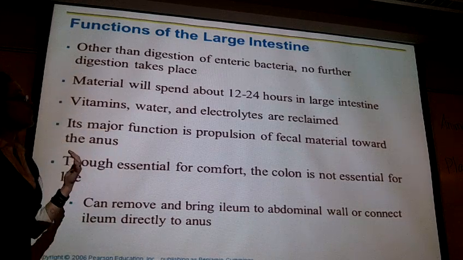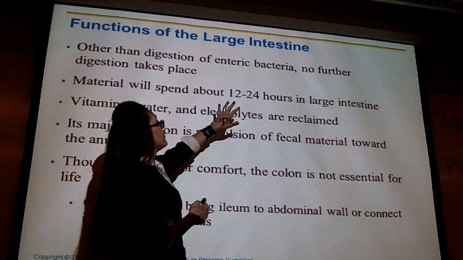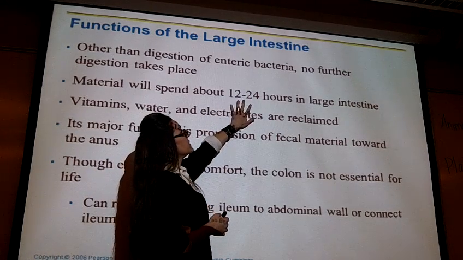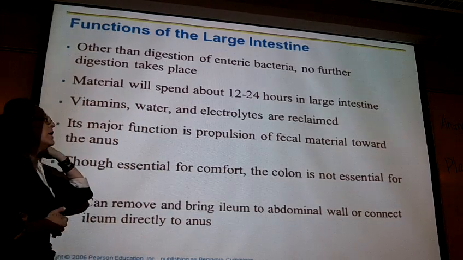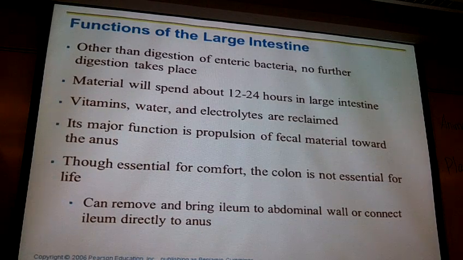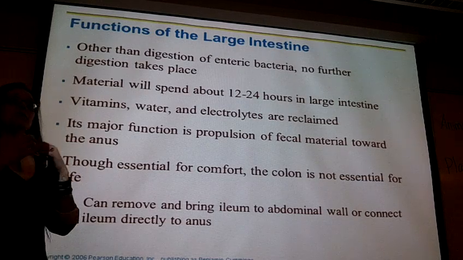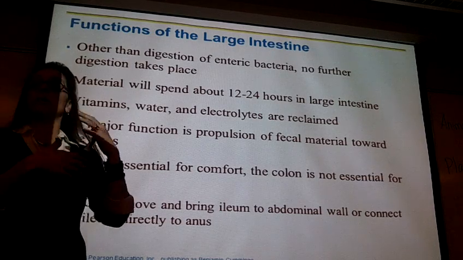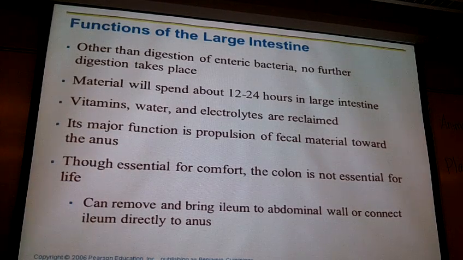Now, this is also why you want to make sure that you have decent motility. If fecal material is staying in the large intestine more than 24 hours, then the problem's going to start being that fecal material is going to start to become very hard and very dry because you keep absorbing water from it. And this is how you end up with constipation.